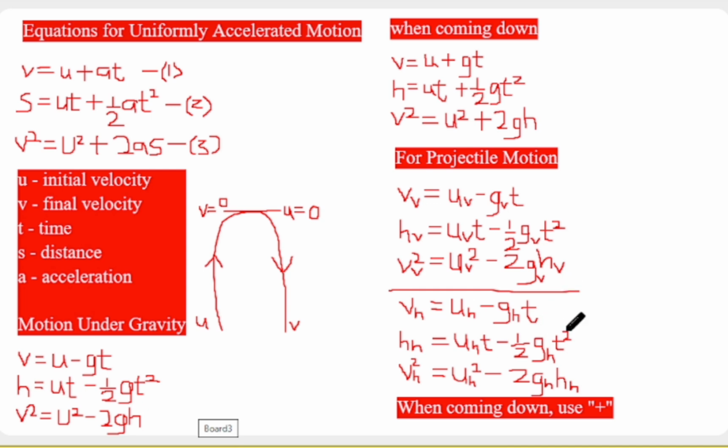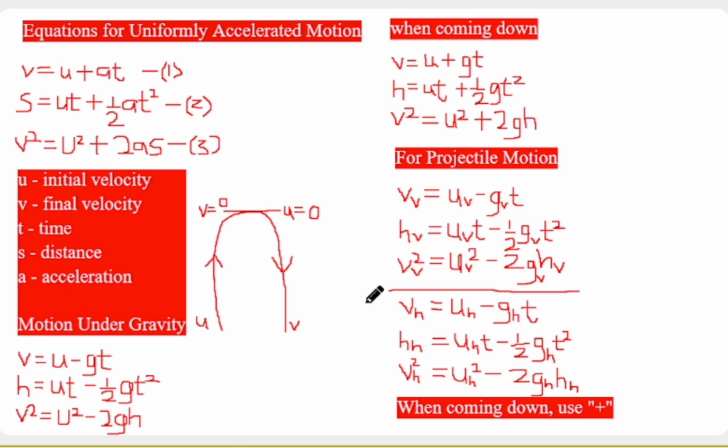So if I write the horizontal component of the motion using my three equations for when going up, I will write v horizontal is equal to u horizontal minus g horizontal t. And take note, my g horizontal is always 0. That is the horizontal component of the acceleration due to gravity.